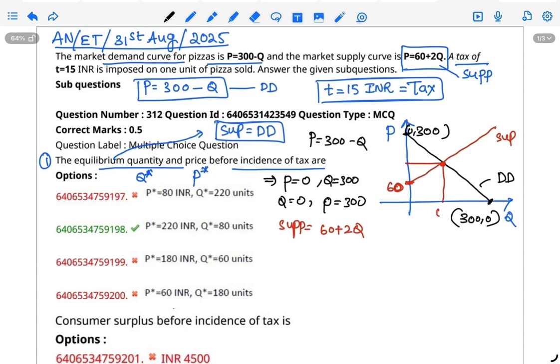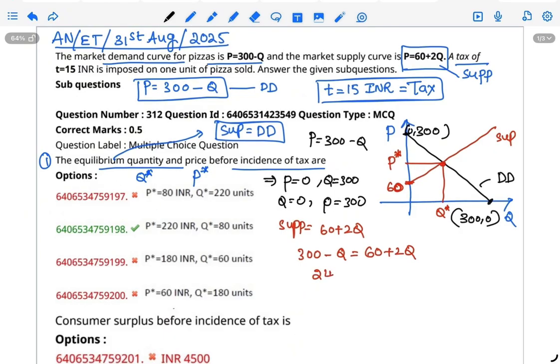At equilibrium, P equals P star and Q equals Q star. Equate both: supply equals demand, that is 300 minus Q equals 60 plus 2Q.